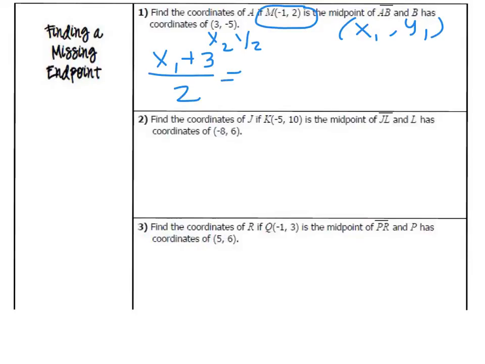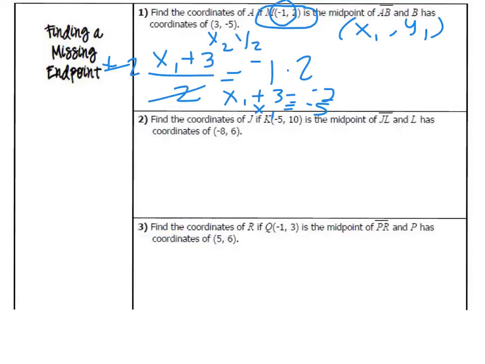And you know that that answer, the first x value, is negative 1. All right, now to solve that, you're going to multiply both sides by 2. And those are going to cancel out here. So we get x1 plus 3 is equal to negative 2. And solving for that, we get x1 equals negative 5.